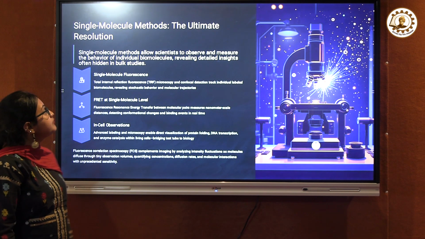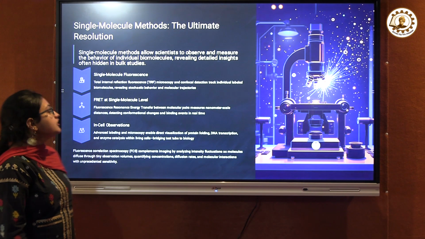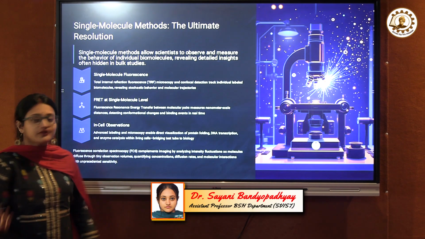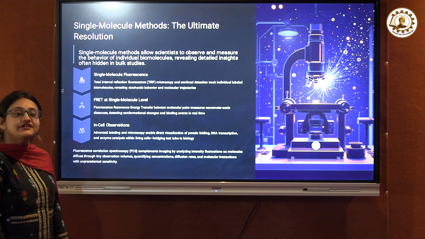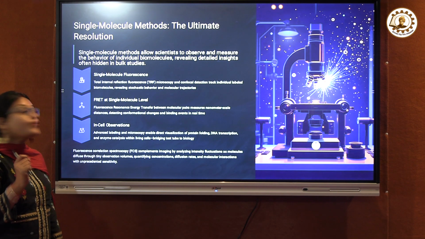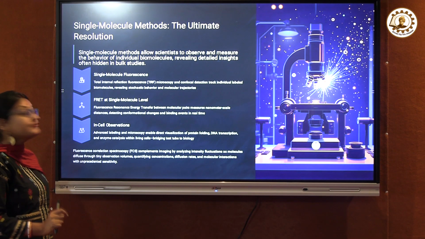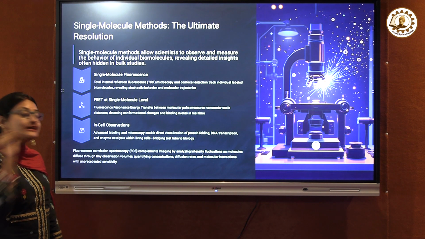And then single molecule methods. Single molecule methods also require a microscope. They allow scientists to observe and quantify the behavior of particular single molecules.